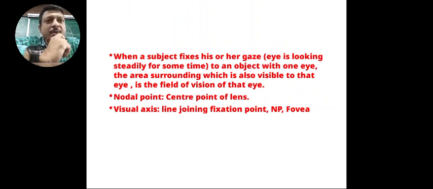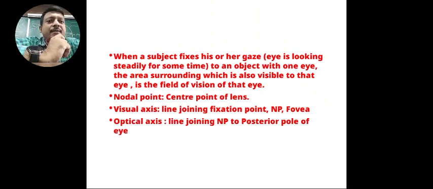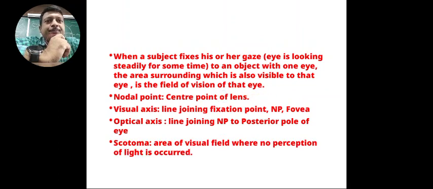Now what is the optical axis? The optical axis is the line joining the nodal point inside the lens and the posterior pole of the eye.